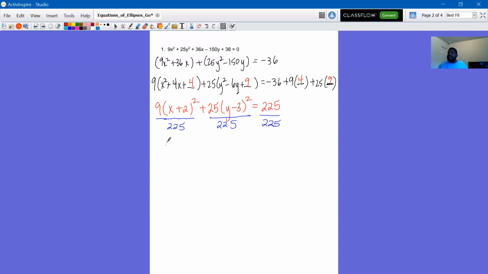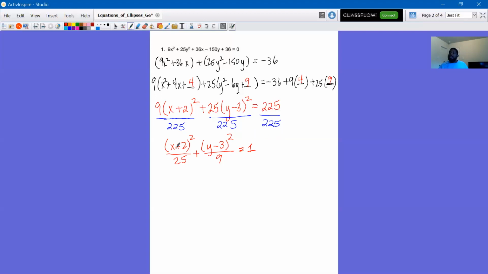And we're going to get x plus 2 squared over, I'm sorry, that's not 9, that will be 25, plus y minus 3 squared over 9, and this equals 1. So at this step, we got the standard form.